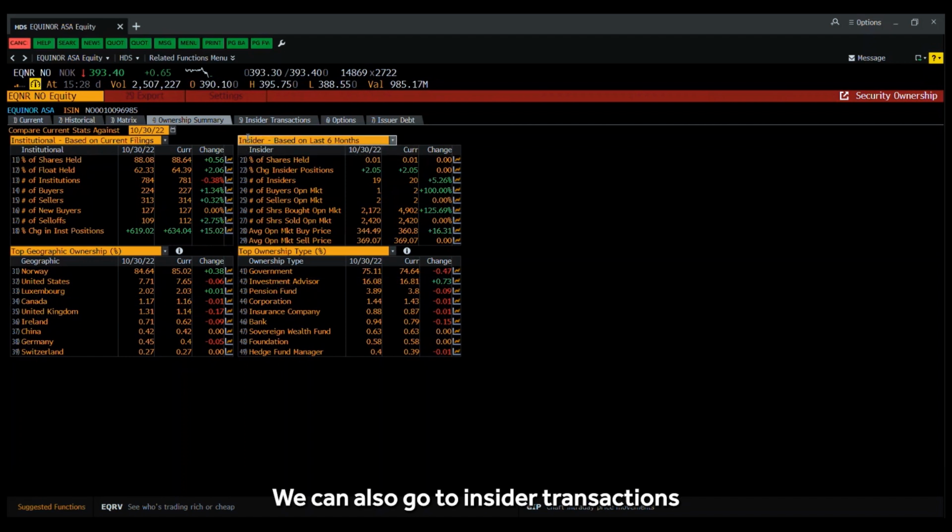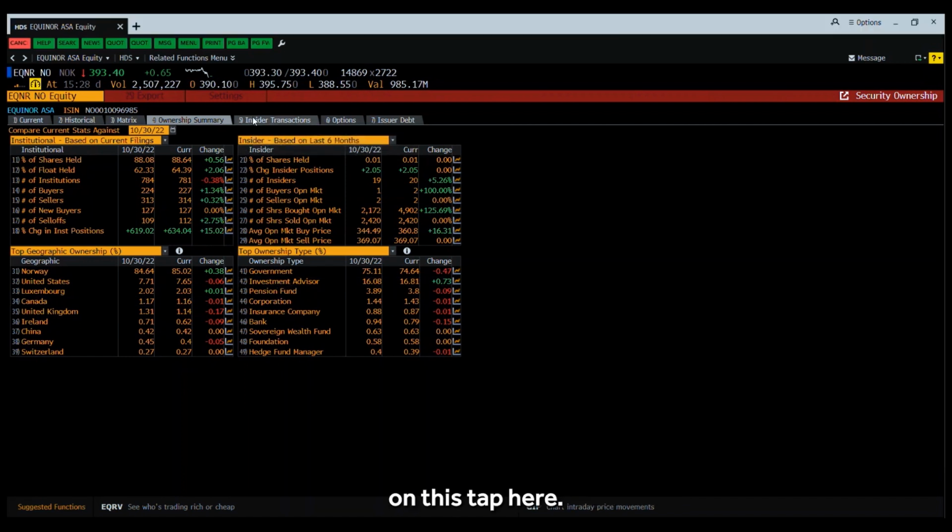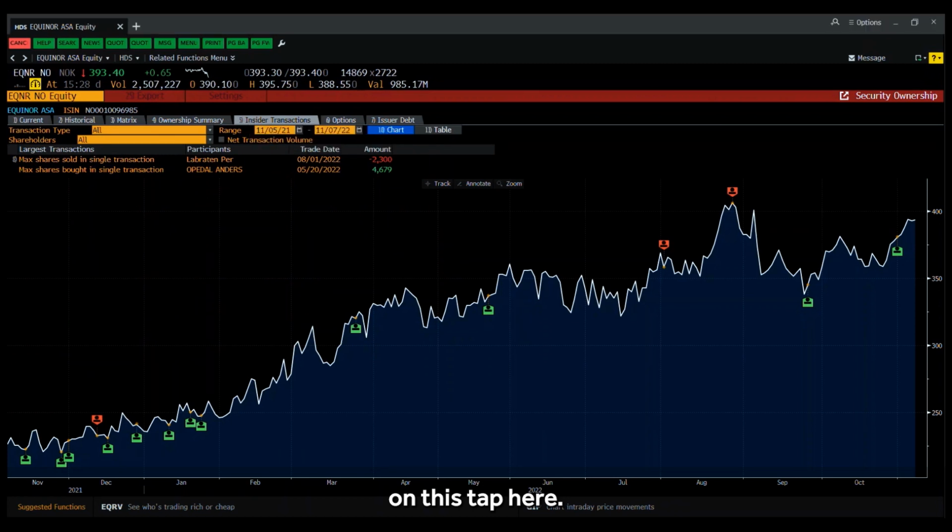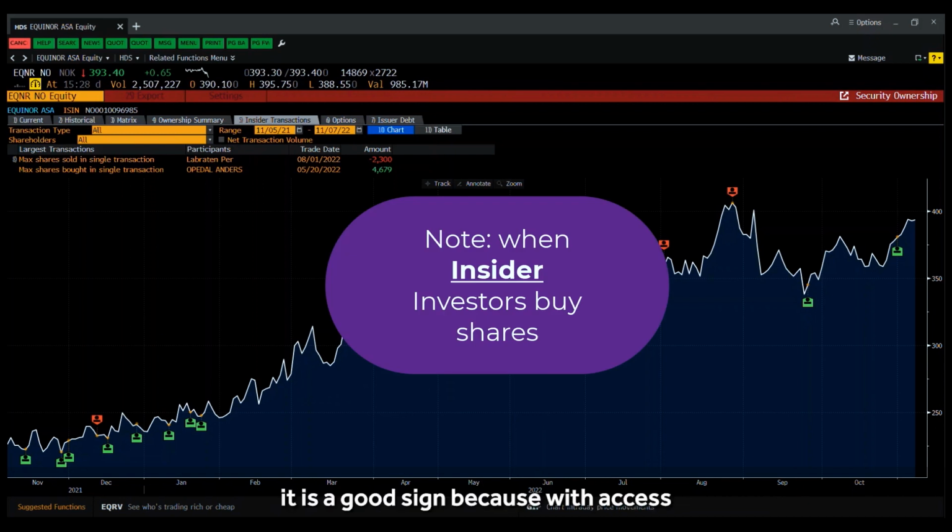We can also go to insider transactions on this tab here. An insider transaction is a share dealing by an informed investor, usually a director of the company who is thought to possess privileged information. Agency theory tells us that when insiders buy shares, it is a good sign because with their access to inside information, they have apparently judged that the shares are underpriced, therefore it is a good time to buy.